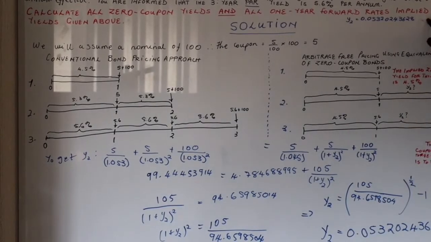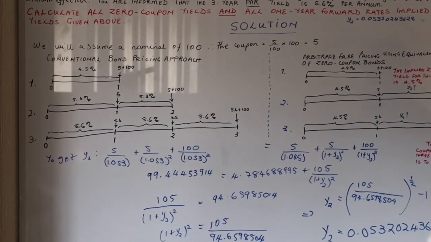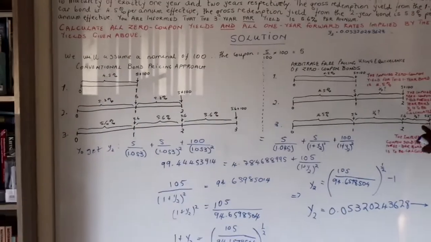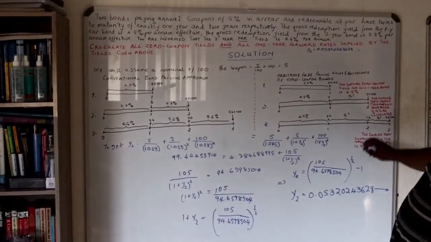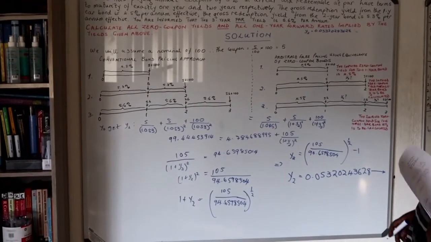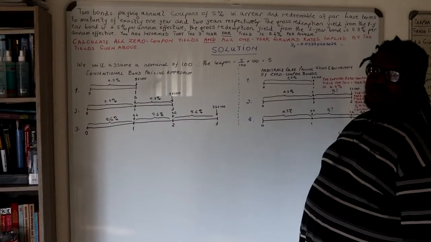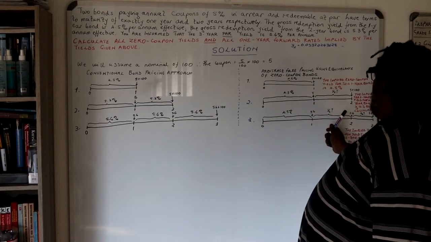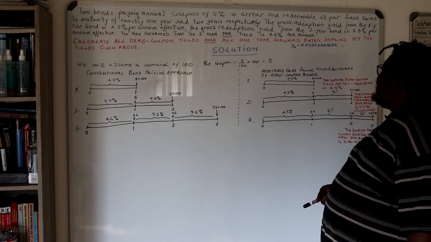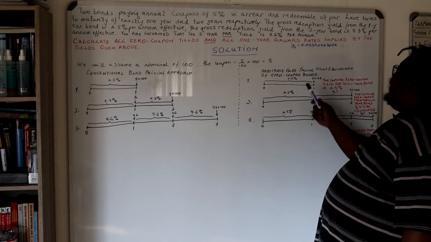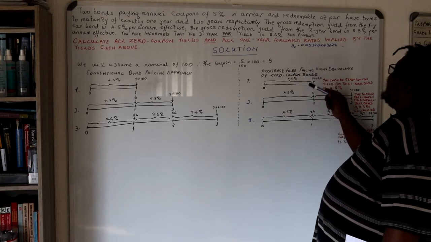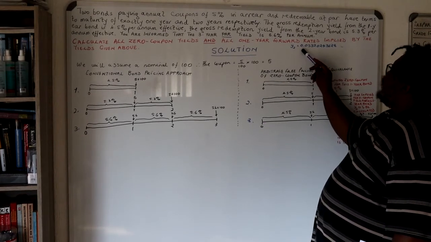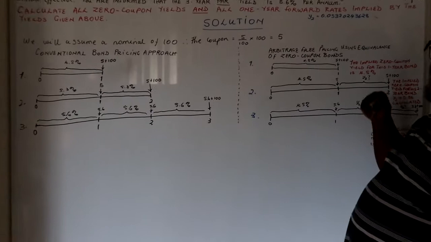Yeah, we can leave it like that, so we can clean the board and then find out what y3 is. So now we will calculate y3. We already know what y2 is, and you can multiply by 100 to put this as a percentage, which would be 5.320.